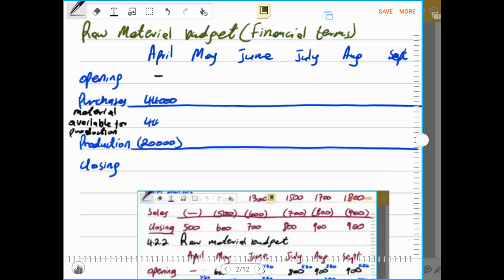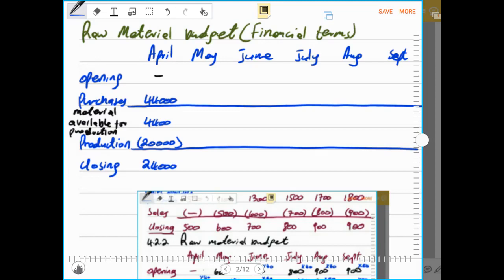And this is 44,000. Then at the end, it will give us the closing of 24,000.